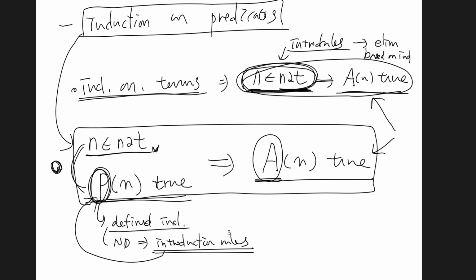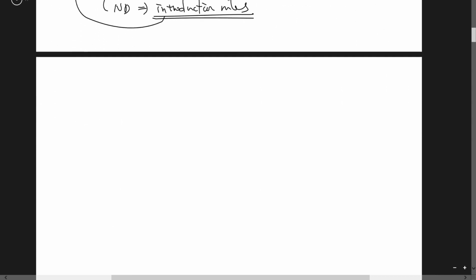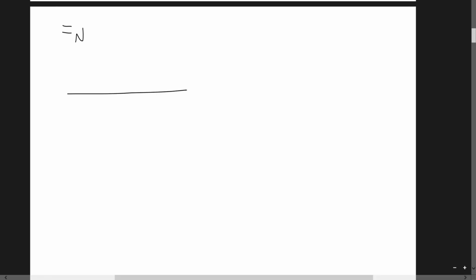So to show the idea, let's consider an example. We want to use this predicate, natural number equality, which is defined inductively with these two introduction rules. First, 0 is equal to itself. This is true. This is natural number equality introduction rule, 0 case.